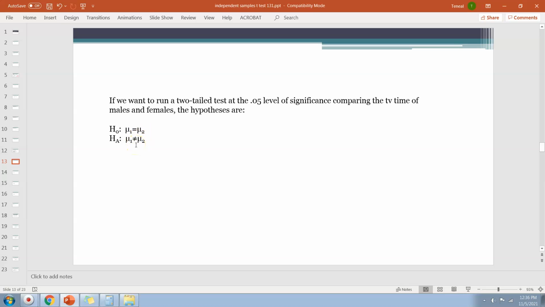So let's first run a two-tailed test where we just want to know, to start off with, is there a difference between the male and female amount of time spent watching TV? If we do that, our hypotheses are going to be that mu1, so mu for the males, is equal to mu2 for the females versus not equal to, because that's the two-tailed scenario.